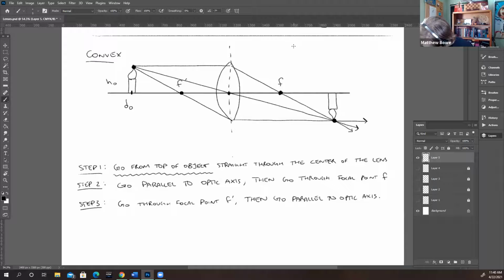So I would say the image is inverted, and I would say since the image is on the same side as the light rays, it is real.